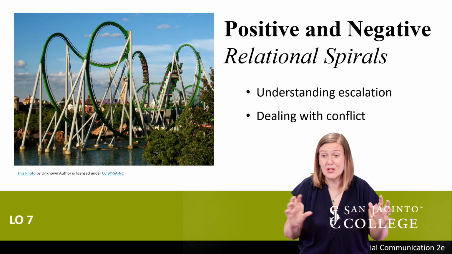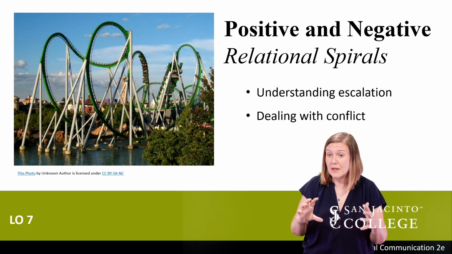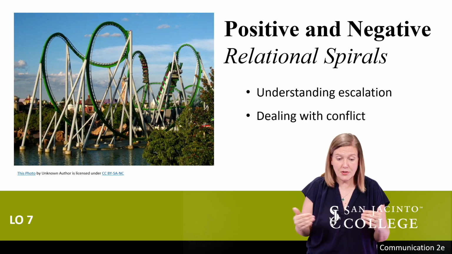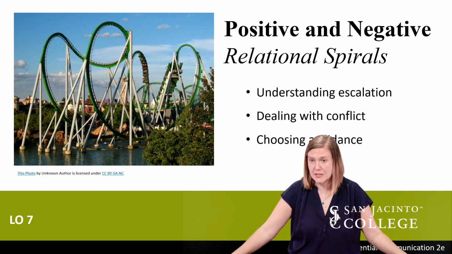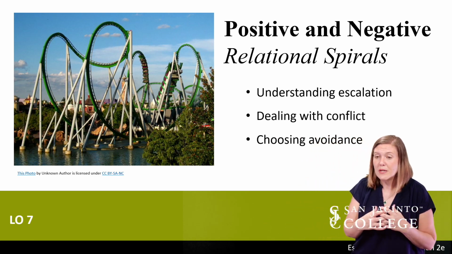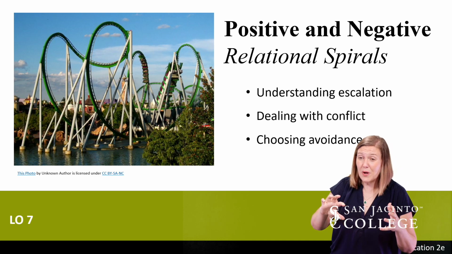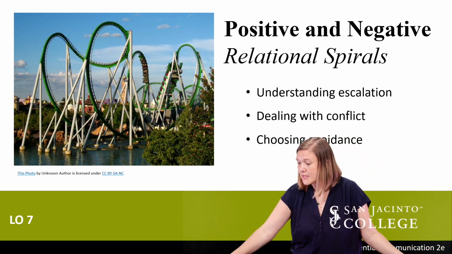When we're dealing with conflict, we want to avoid this spiral. We want to make sure that we're not falling into this trap where we're going down a rabbit hole of anger or rehearsing all the terrible things. We want to make sure we're not choosing avoidance in the spiral, that we're what Gottman and conflict research would call stonewalling someone else.